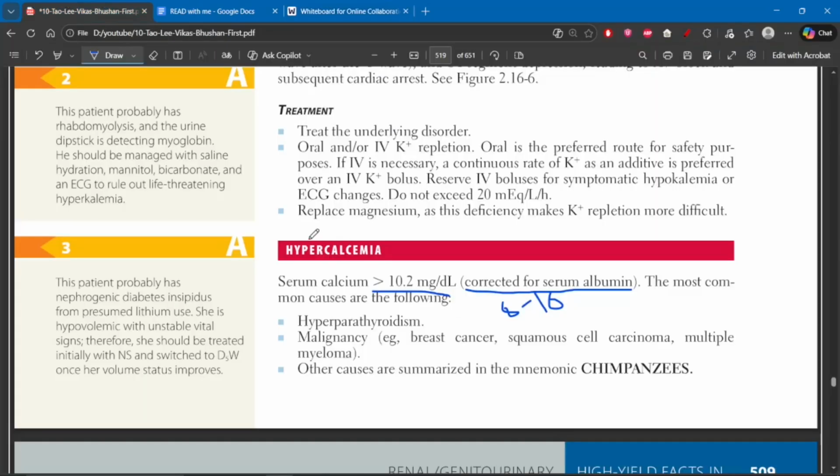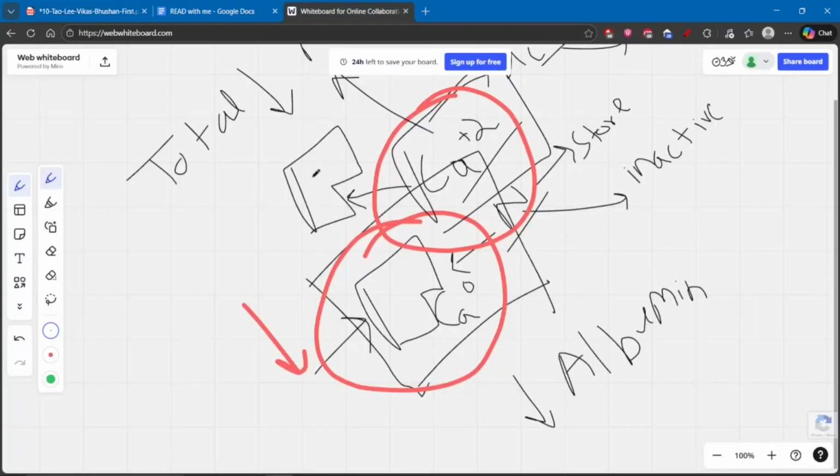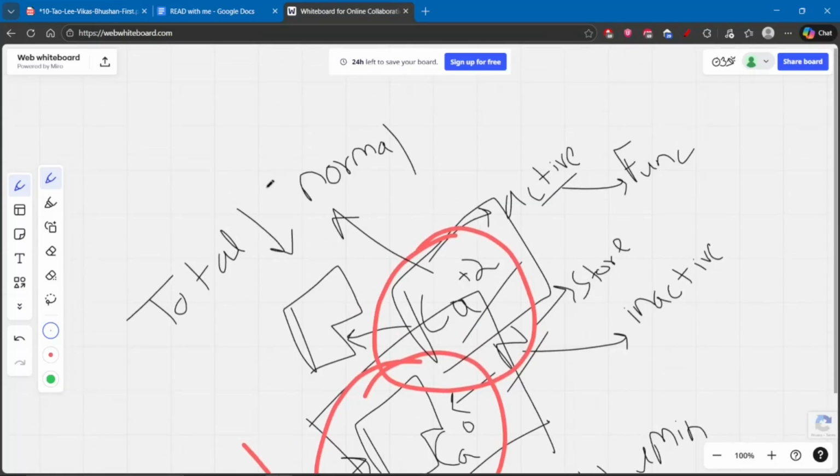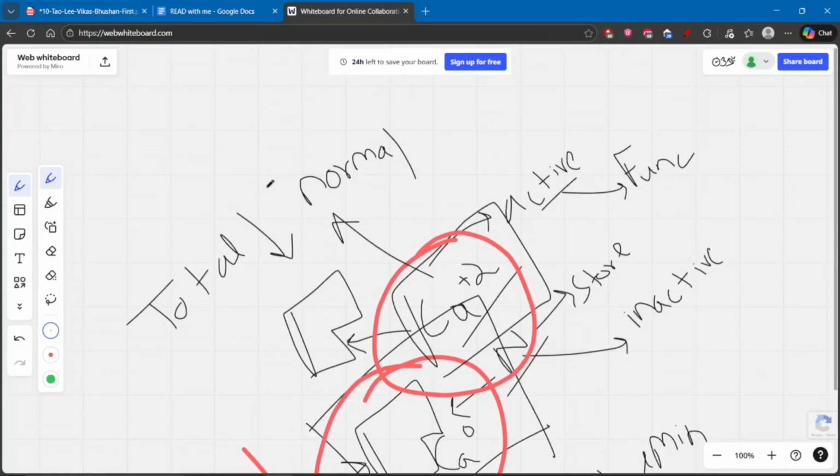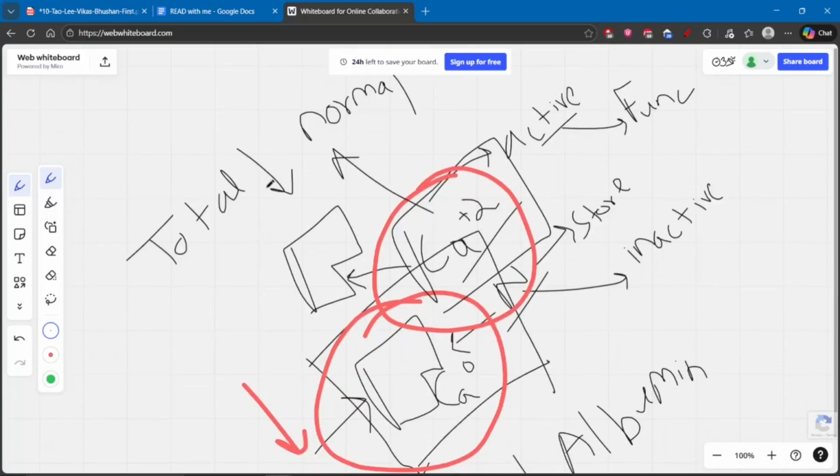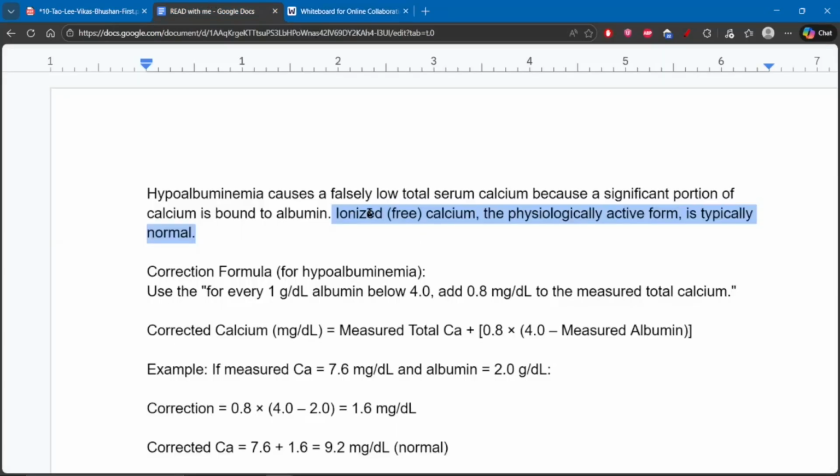However, we are discussing hypercalcemia, but this concept is important for you to understand: whenever there is hypocalcemia or hypercalcemia, we always have to correct for the albumin levels in our body. And there is a way of how we do that. We use the correction formula for hypoalbuminemia.